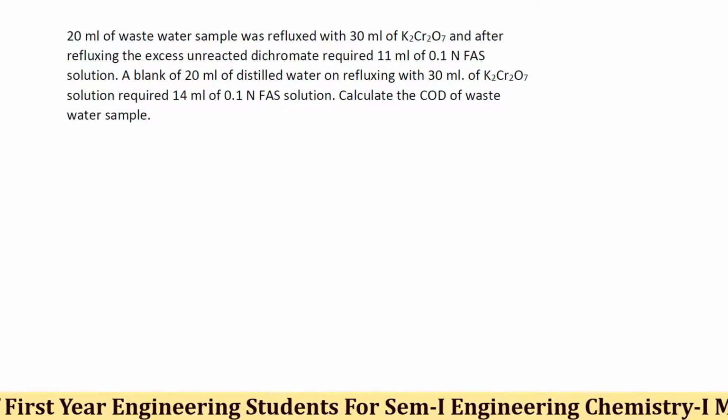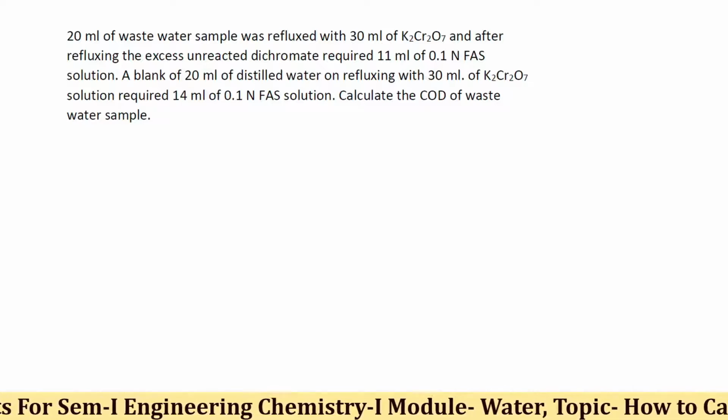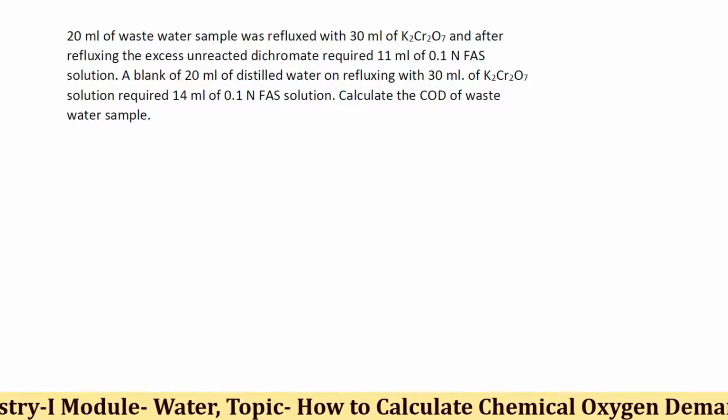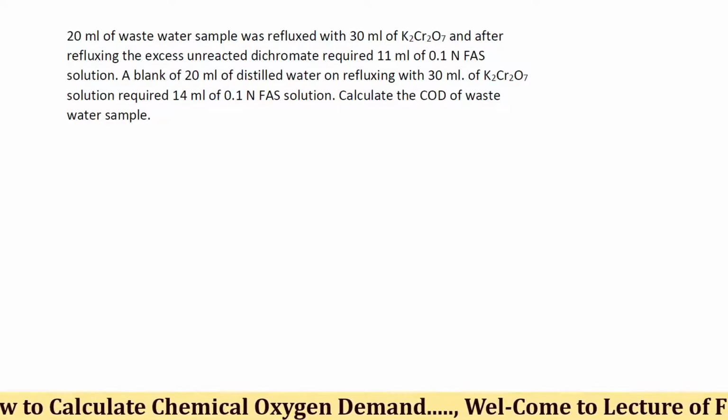A blank of 20 ml of distilled water on refluxing with 30 ml of K2Cr2O7 solution required 14 ml of 0.1 normal ferrous ammonium sulfate solution. Calculate the COD of the wastewater sample.